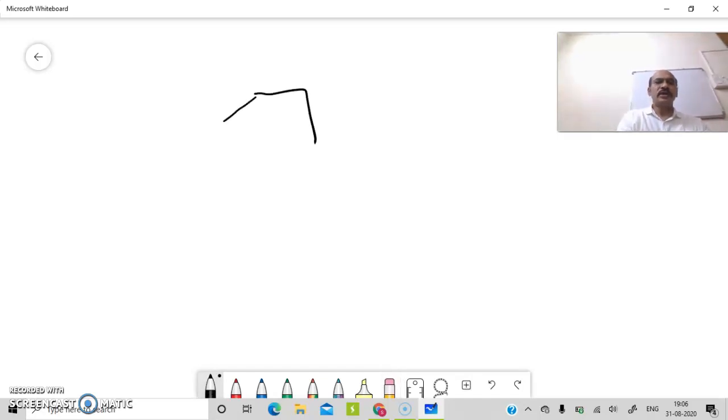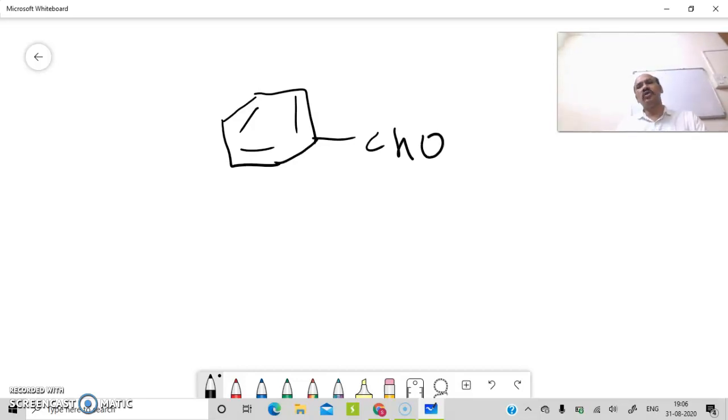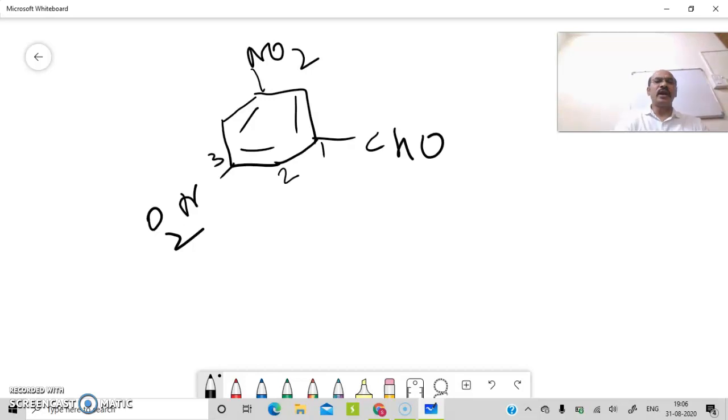I am drawing the structure here. Here it is CHO, and CHO means aldehydic group. Here I am writing NO2, and here also I am writing NO2. You have to number from the aldehydic carbon, either clockwise or anticlockwise. The nitro groups will come at the third position.